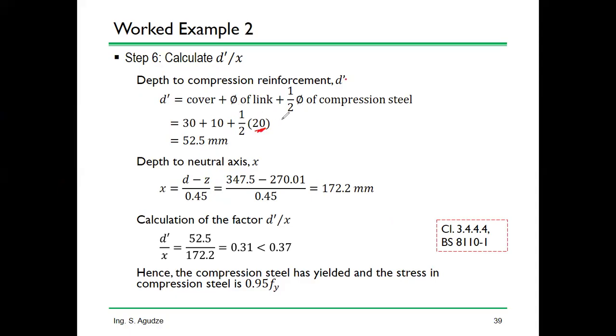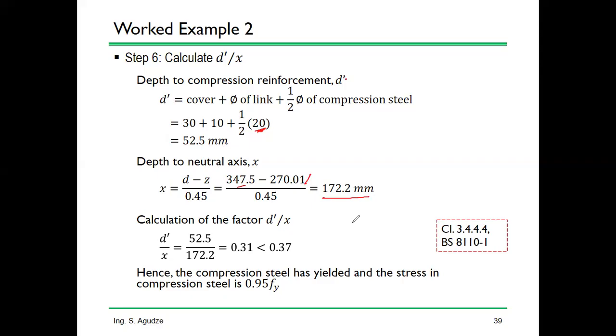Cover plus diameter of link plus diameter of compression steel. And this will give us 52.5 mm, right? Then you calculate the depth to neutral axis, which is D minus Z over 0.45. So the effective depth, the lever arm we just calculated, and this will give 172.2 mm.